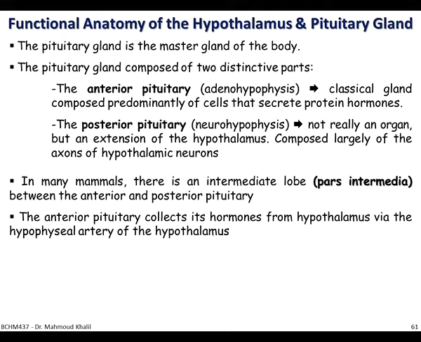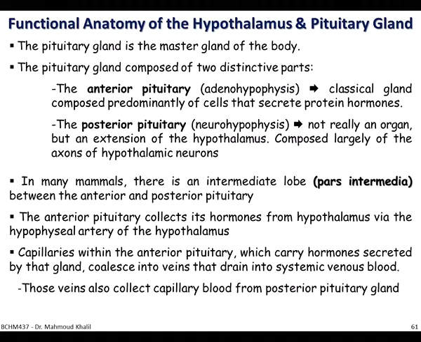The anterior pituitary collects its hormones from the hypothalamus via the hypophyseal artery. Capillaries within the anterior pituitary, which carry the hormones secreted by that gland, combine together into veins and drain into the systemic venous blood.